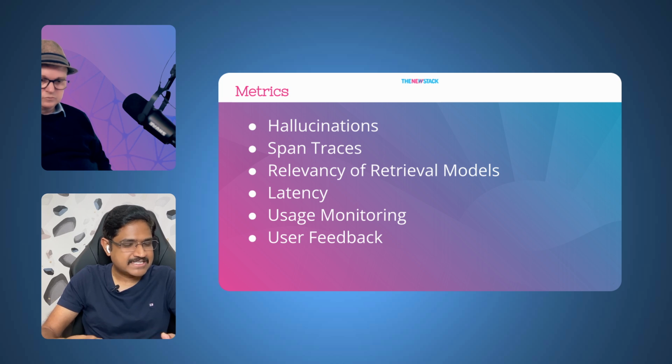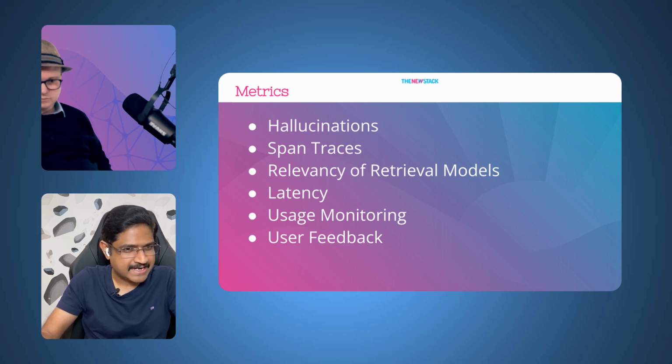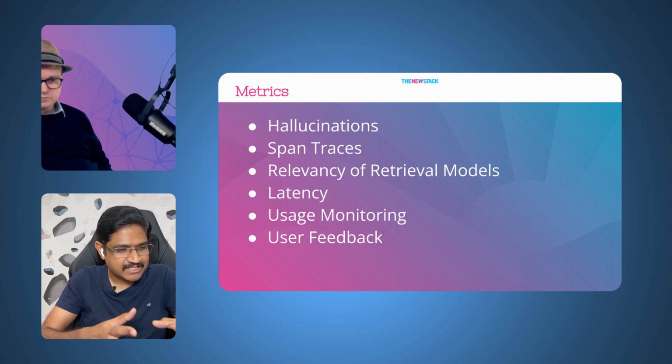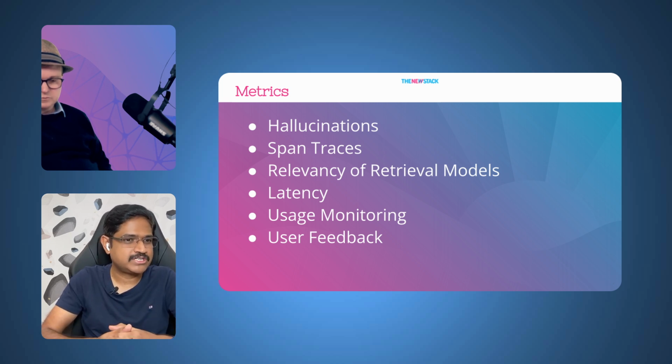Because if your RAG system is not getting you the right data in the first attempt, that means there is something wrong with the chunking strategy or the embedding model strategy or the re-ranking strategy, and you've got to go and tweak that. So measuring the retrieval and the re-ranking technique will give you a sense of how your RAG system is performing, and it's a very important metric to monitor.